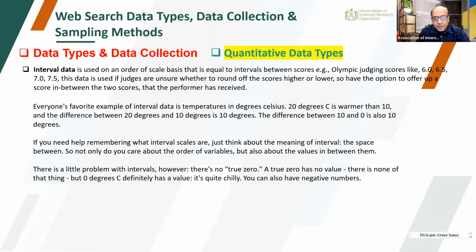And there are several examples to it. So interval data is a collection of numbers of events, multiple instances put together to collectively represent the outcome of something.